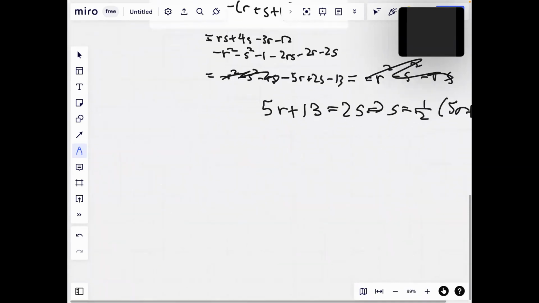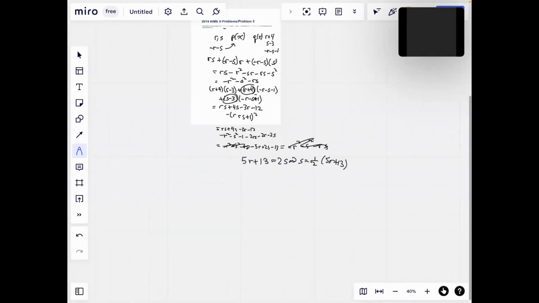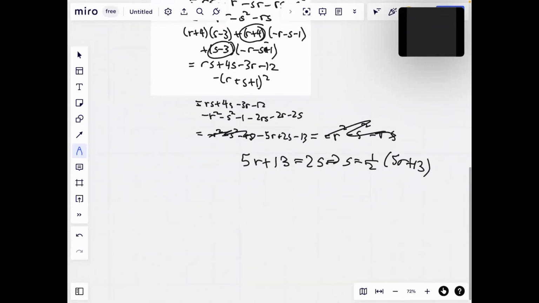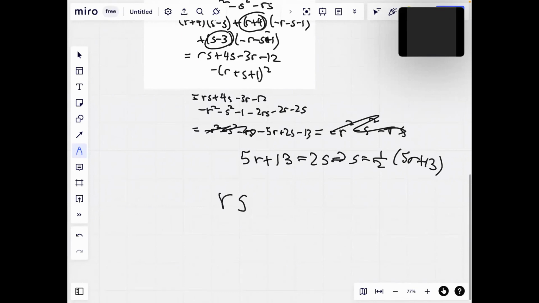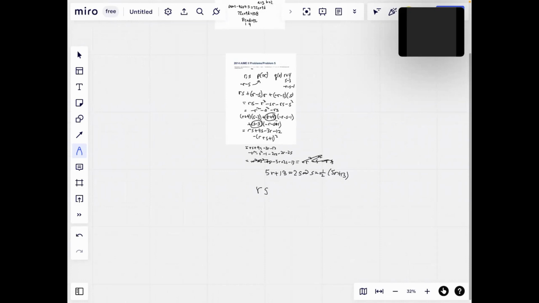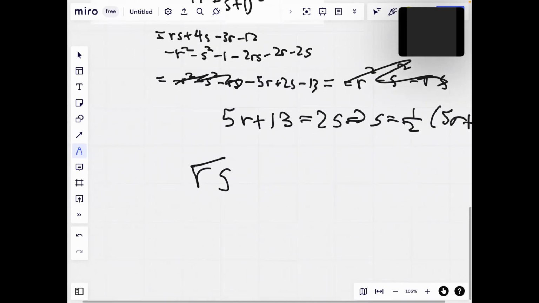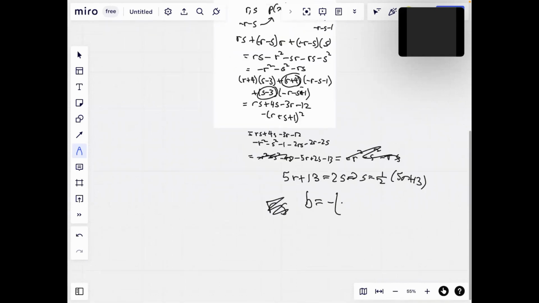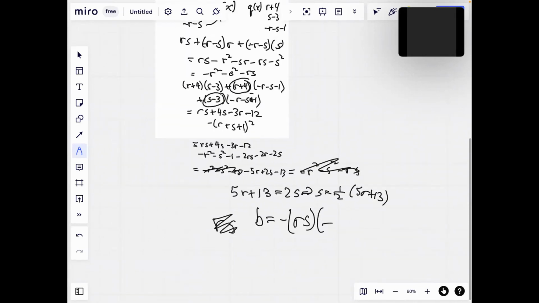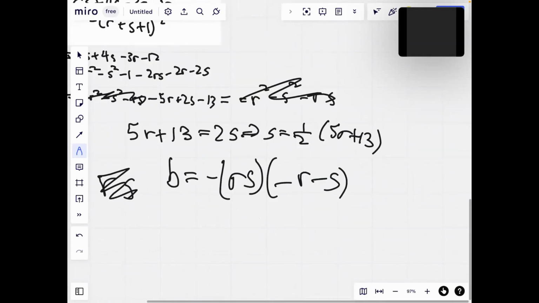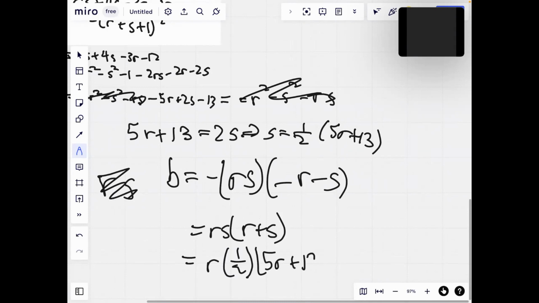So for P of X, the constant should be negative of RS times negative R minus S, which is equal to RS times R plus S. Substituting S, this equals R times 5R plus 13 over 2, times 7R plus 13 over 2.